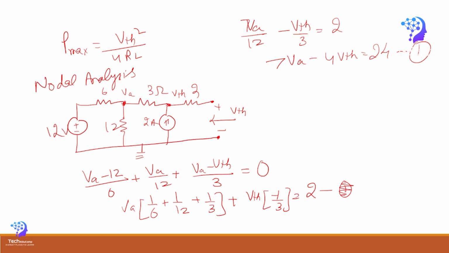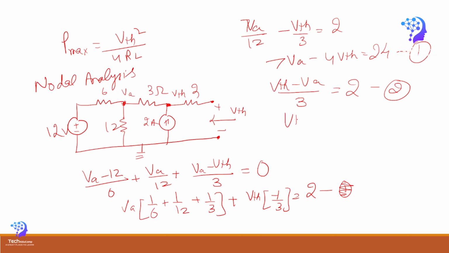Now from here, we write the equation for VTH. So (VTH minus VA) upon 3. There is no current going on, it's an open circuit, so there will be no voltage, no current. So it will be equal to 2.